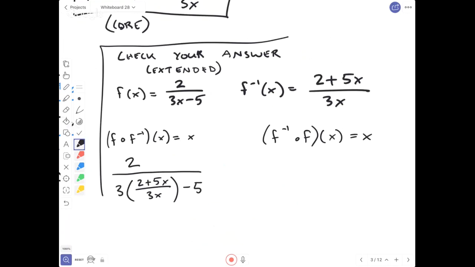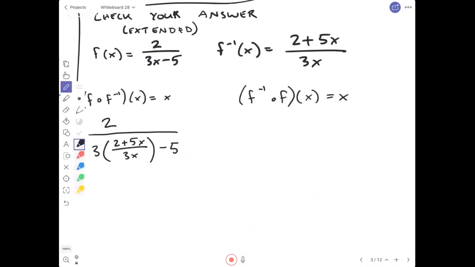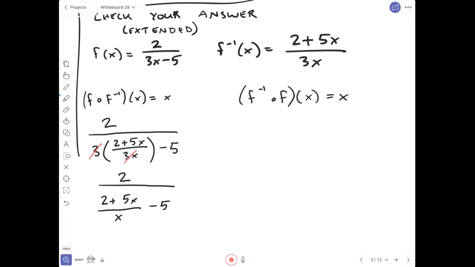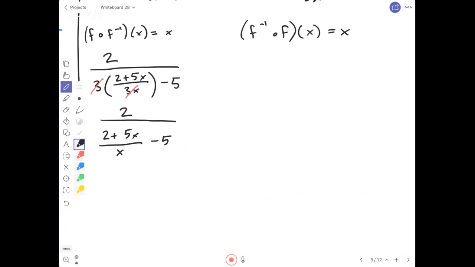That gives me 2 over, let's see, these 3's can cancel, 2 plus 5x over x, minus 5, which I'm going to need to make a common denominator.